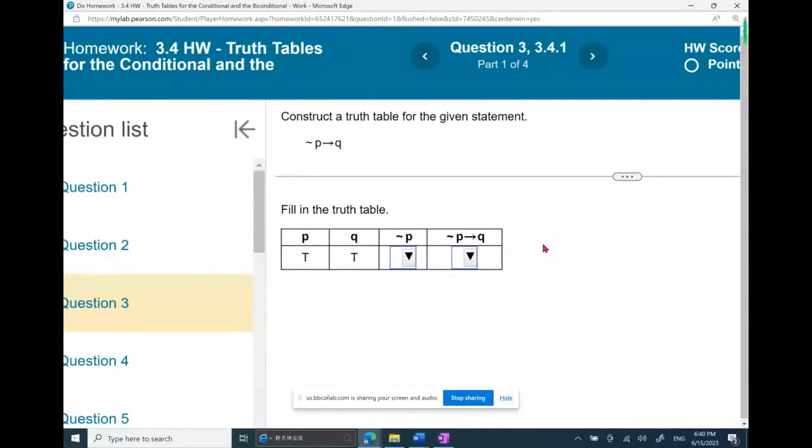"Trusted" corresponds to the antecedent, "friends" corresponds to the consequent. Let's complete the table. Let's do column 3. Column 3 must be the opposite of column 1, so this is F. Here, the antecedent is F, the consequent is true.